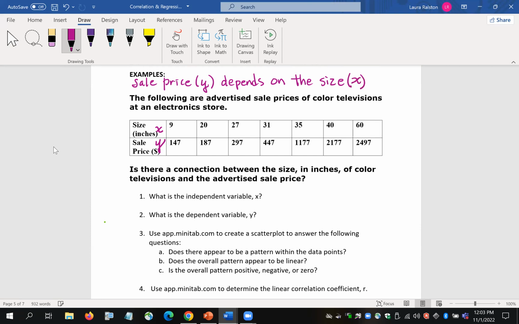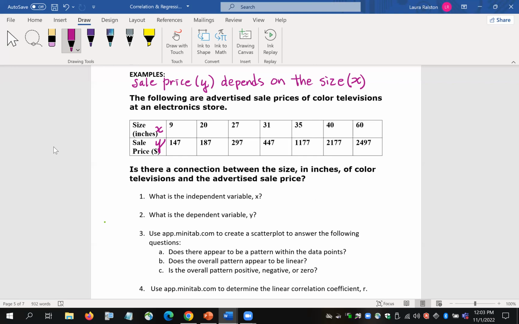Or do I need to turn that around? Should I say size depends on the sale price? That doesn't really make sense to me. This statement, sale price depends on the size of the TV, that makes reasonable sense.